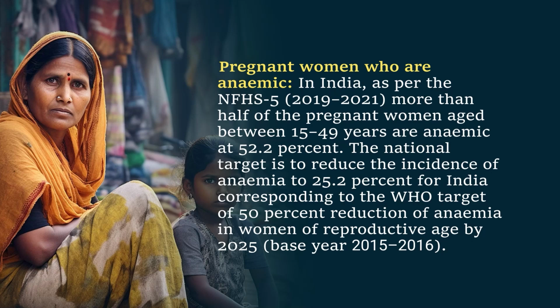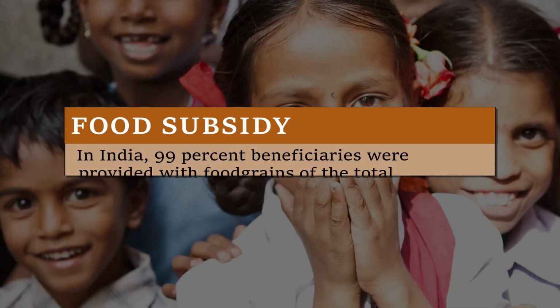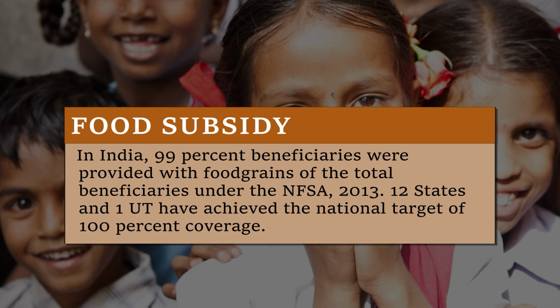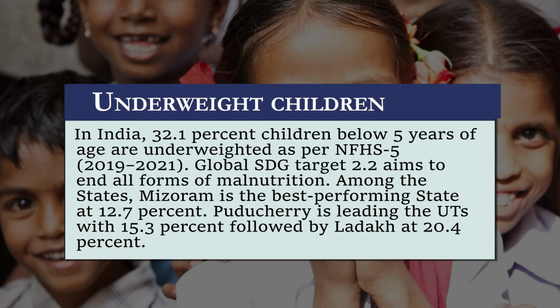In that way, when we look into different programs and policies across states, for example food subsidy, 12 states and 1 union territory have achieved the national target of 100%. On coverage of underweight children, among the states Mizoram is the best performing state with 12.7%. Among the union territories, Puducherry is leading with 15.3%, followed by Ladakh with 20.4%.